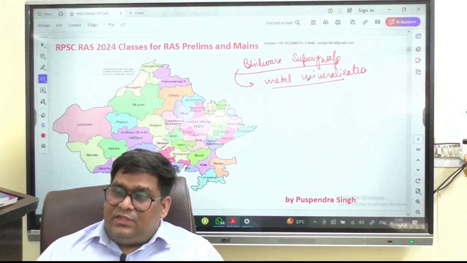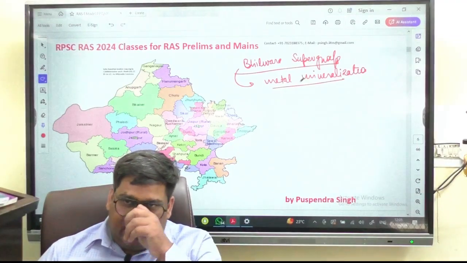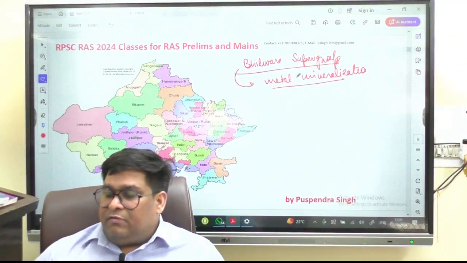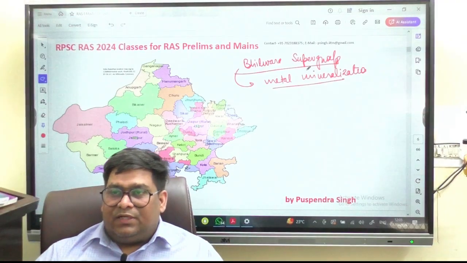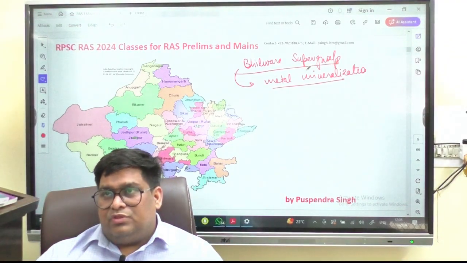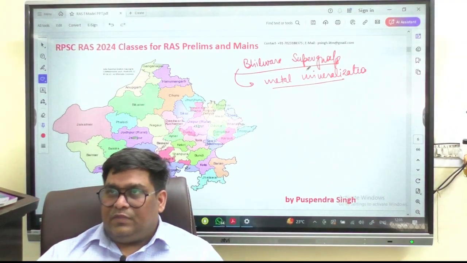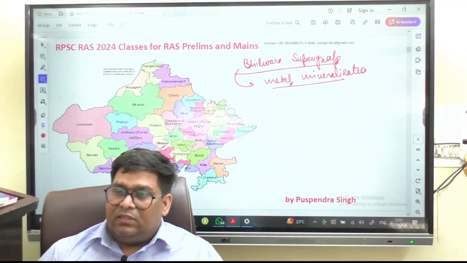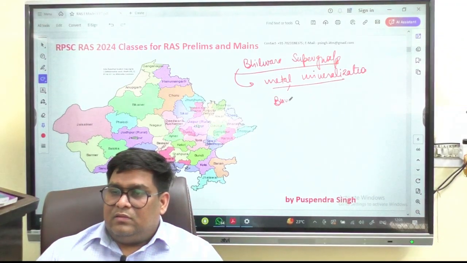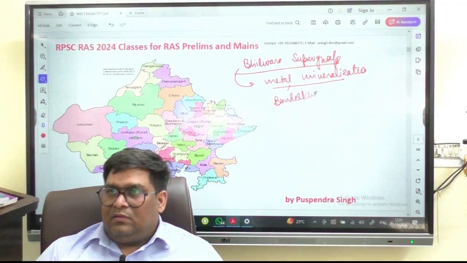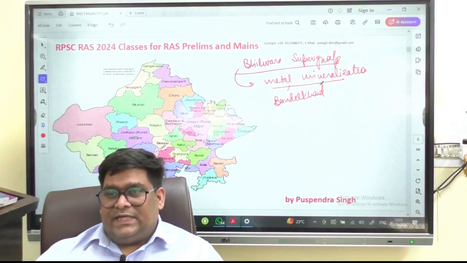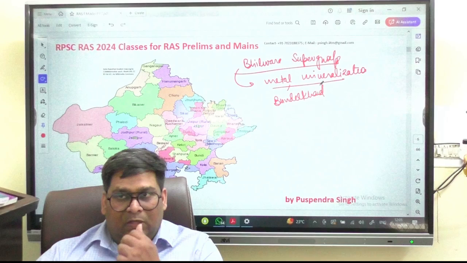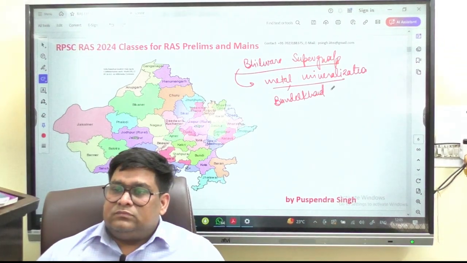This Bhilwara supergroup includes various regions, like the Bundelkhand gneiss, which is one type of rock.